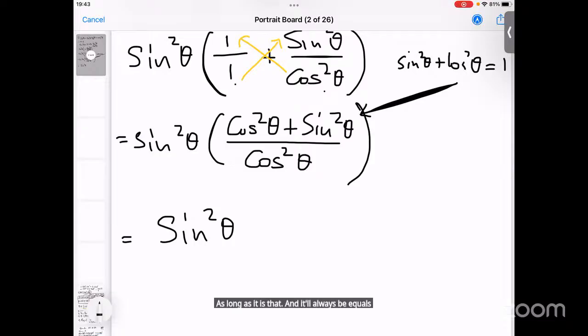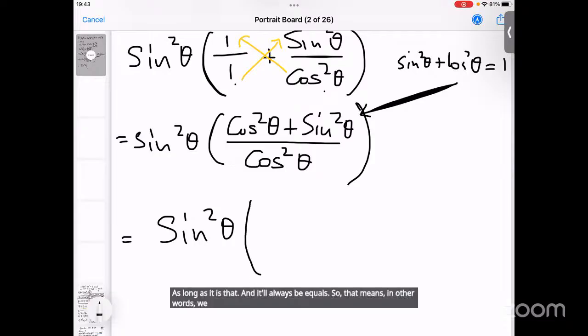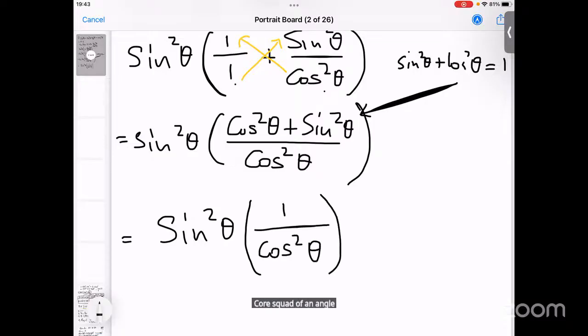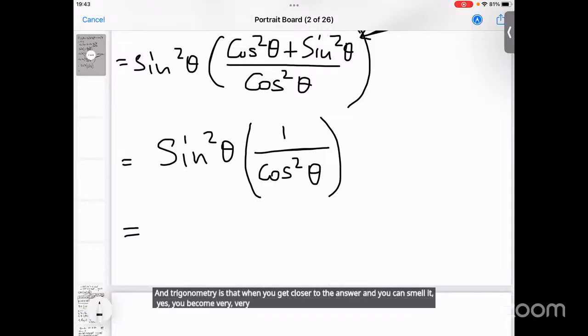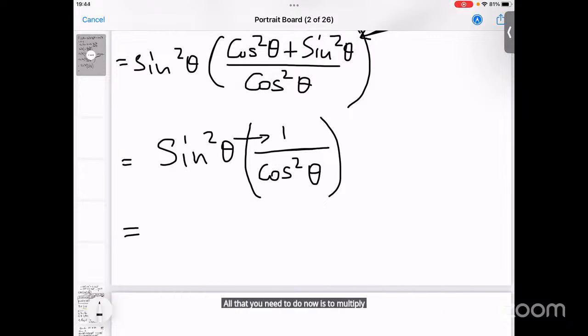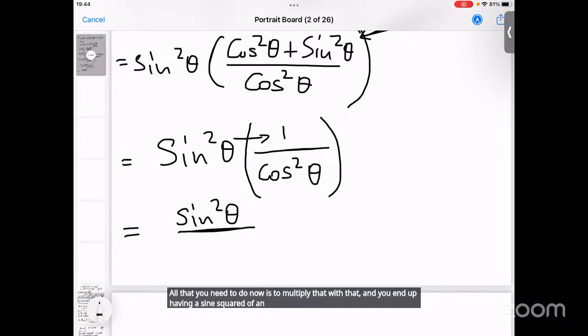So that means, in other words, we actually have 1 at the top over cos squared of an angle. The nice thing about trigonometry is that when you get closer to the answer and you can smell it, you become very, very happy, honorable member, because all that you need to do now is to multiply that with that, and you end up having a sine squared of an angle, then that is being divided by cos squared of an angle.